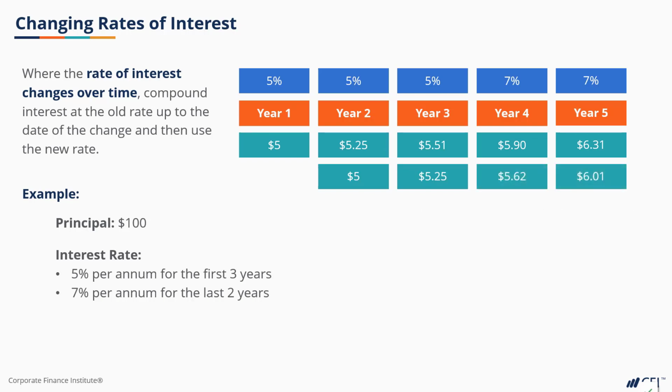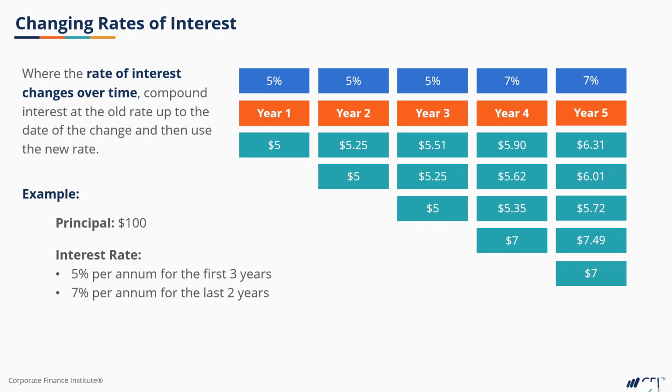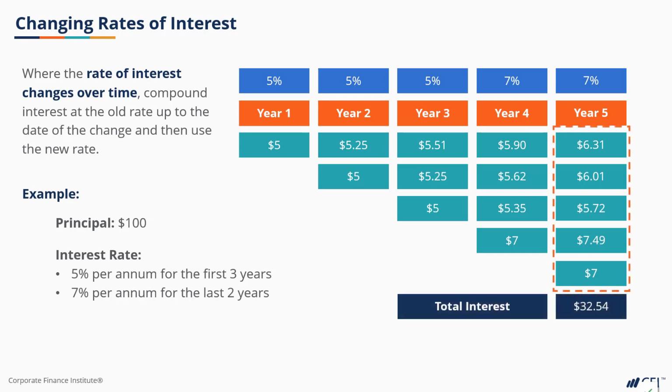If we continue this exercise for the interest payments from year 3 to the final interest payment in year 5, we can see that the total interest would be $32.54 and the total P plus I is $132.54. Again, this is a case that we don't see often, but it is important to understand the math so that we can compute the PV for this sort of cash flow.